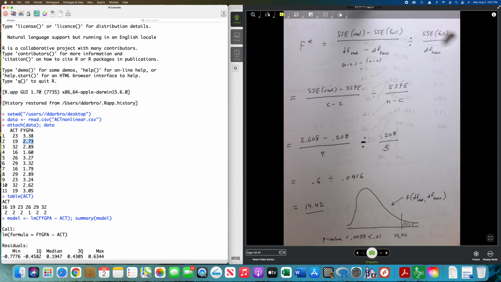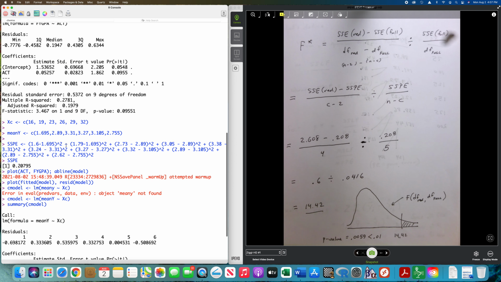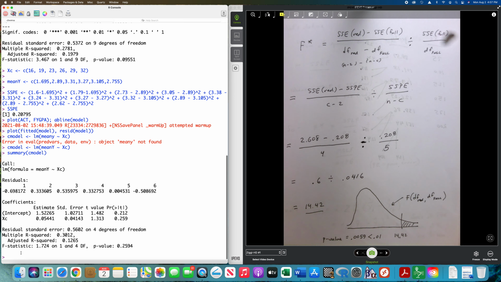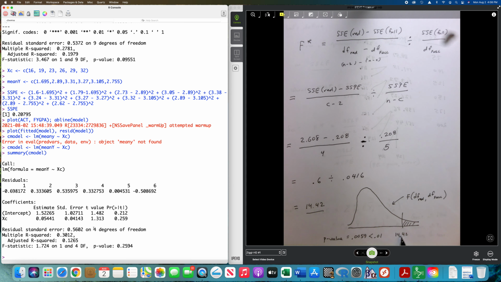So the next thing I would do is use R to calculate the p-value. I've already done that, but let me demonstrate it. So remember, the p-value for the F distribution is just the area to the right. So it's in the right tail, right of the test statistic. So I need to subtract it from 1 because pf will give me the area below.